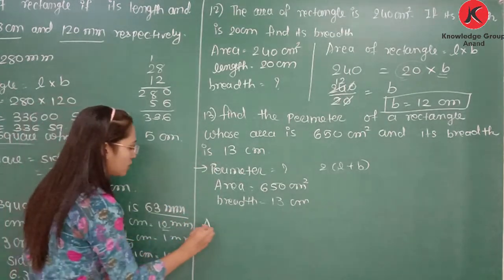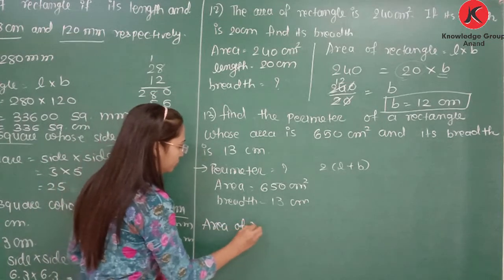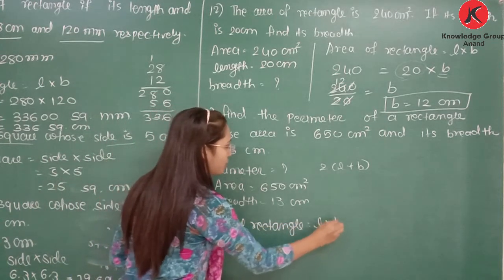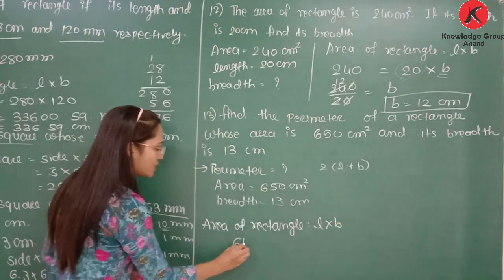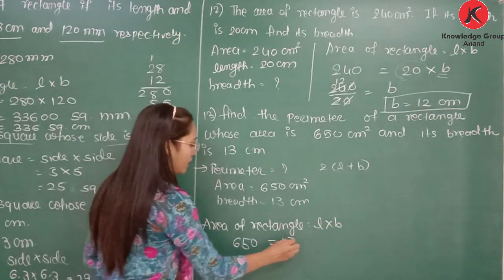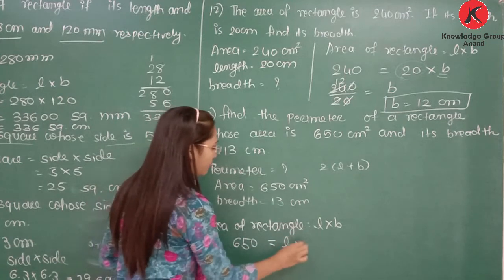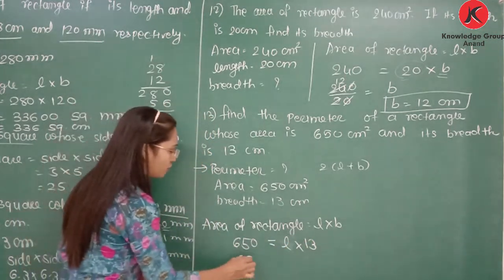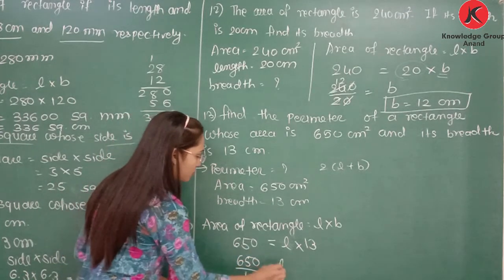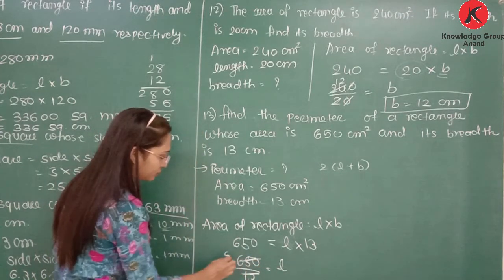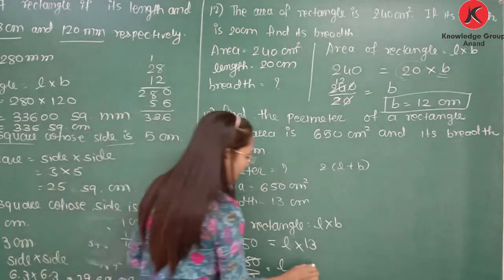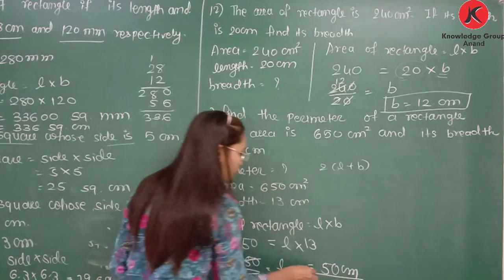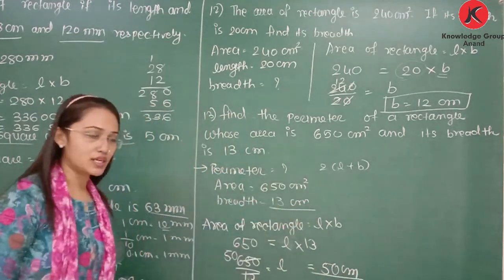So from area first we will find length, and that length will be used to find perimeter. So let's write area of a rectangle, that is L multiplied B. Area is given 650, length we need to find, and breadth is given 13. Take 13 in the divide, so 650 divide 13 is equal to 50. So this length is equal to 50 centimeters. Now we have length 50 centimeters and breadth 13 centimeters.